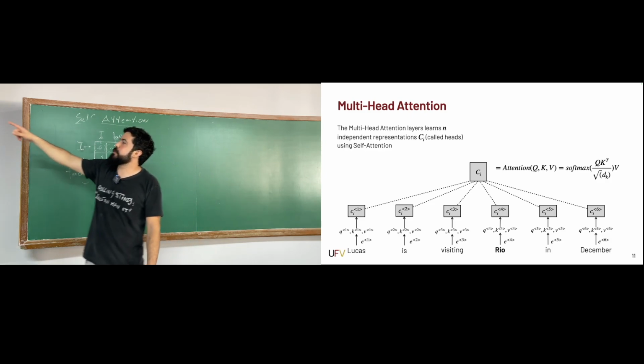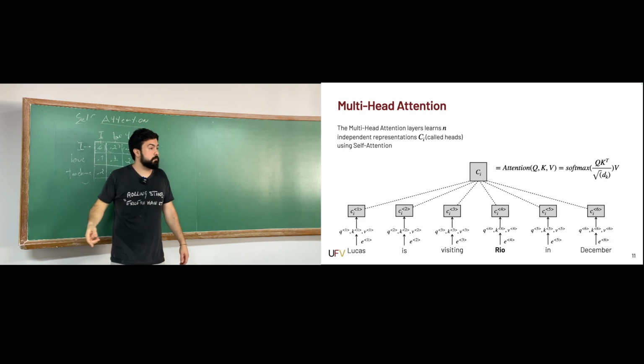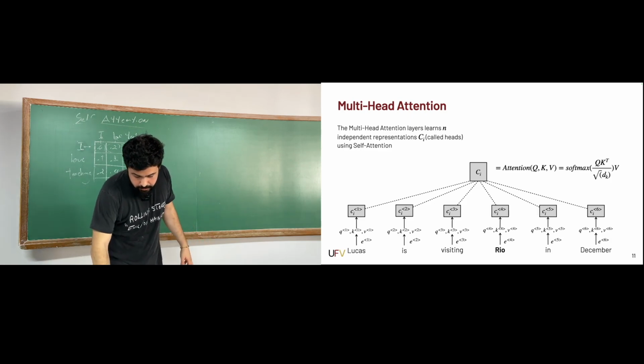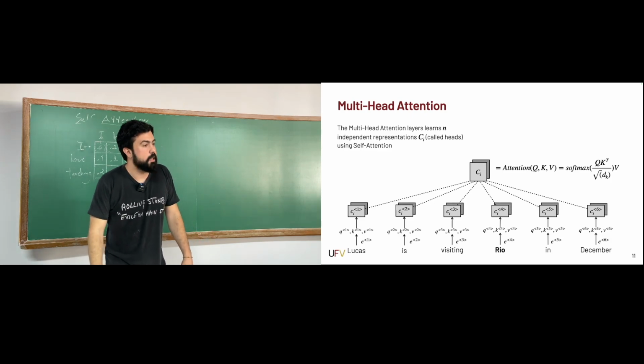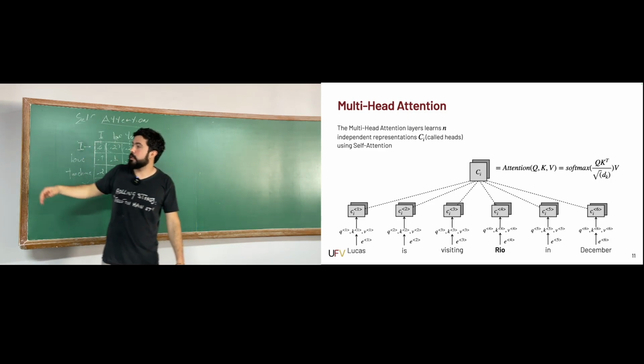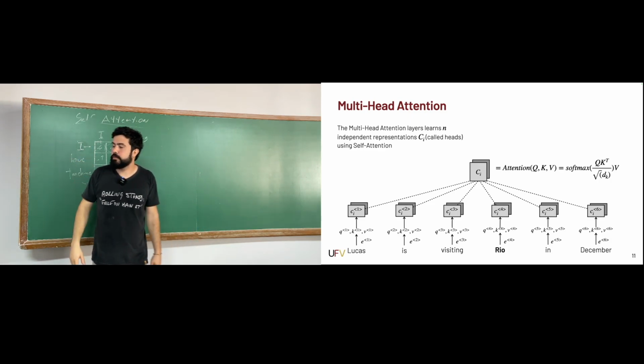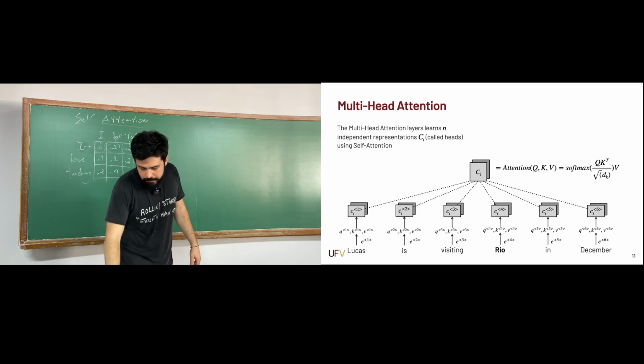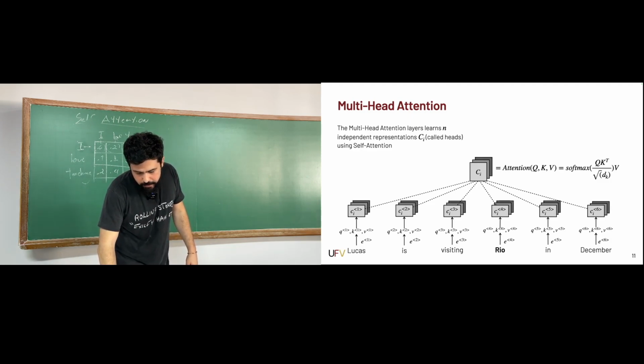So basically, I'm going to learn different Q, K, and V matrices. Okay, that's it. So you can visualize it this way. I'm going to have more than one Q, K, and V for each word, right?